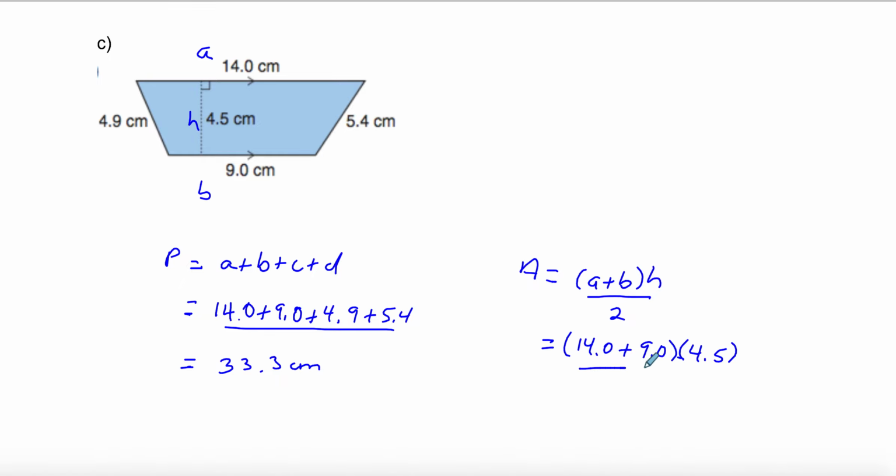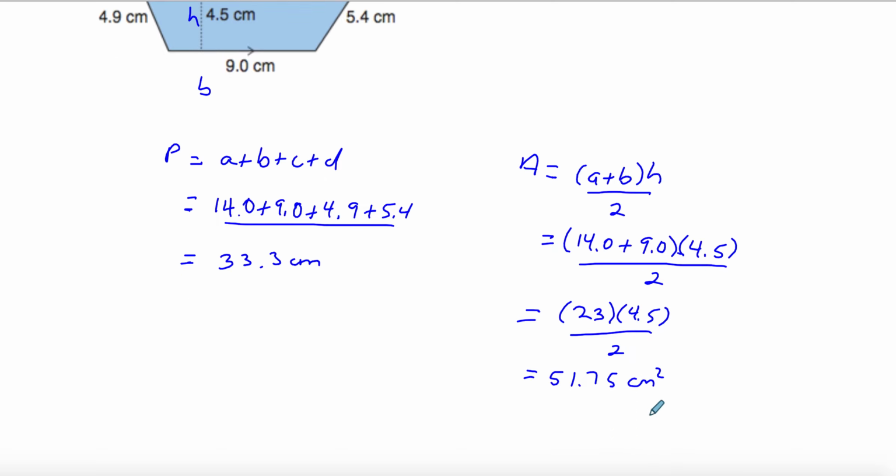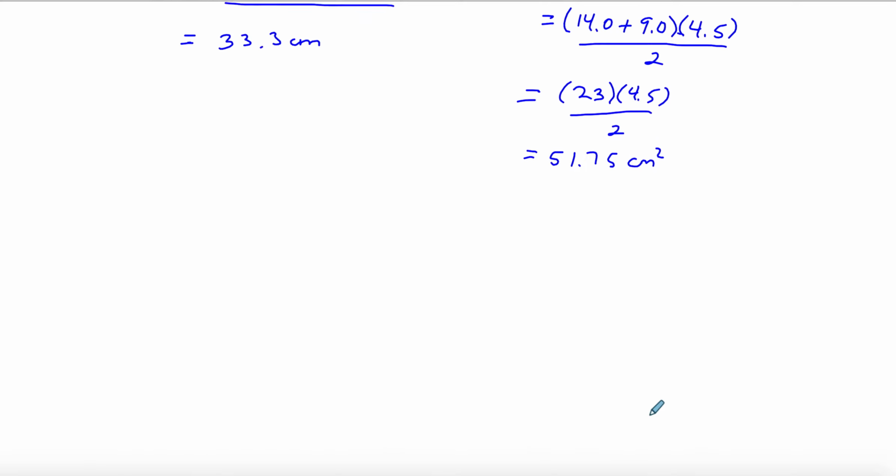And then whatever that is, you divide it by 2. Just be careful though, you have to follow BEDMAS. So make sure that you add up what's inside the brackets first, and I get 23. Then I multiply by the 4.5 and then divide by 2. So I ended up with 51.75 centimeters squared.